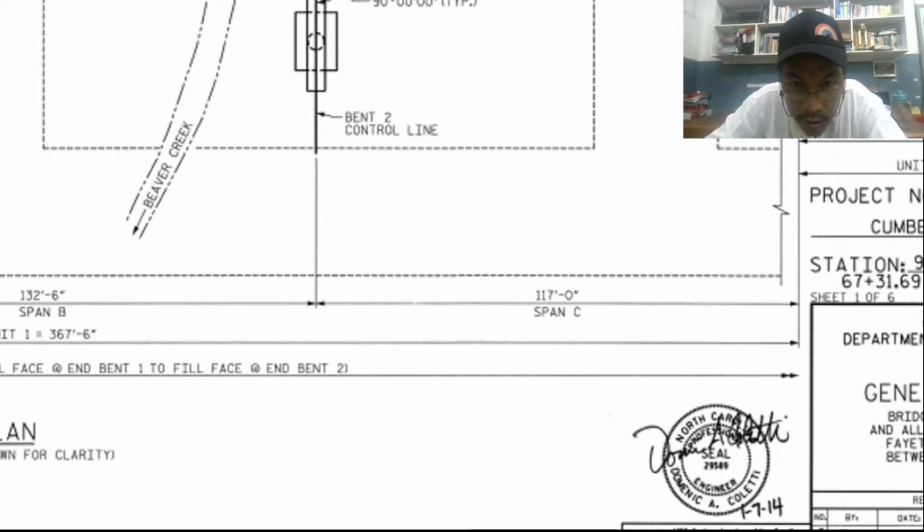So can you see the creek? Oh, Beaver Creek. That is the creek. Okay. So bend control line. 90 degrees again, typical.